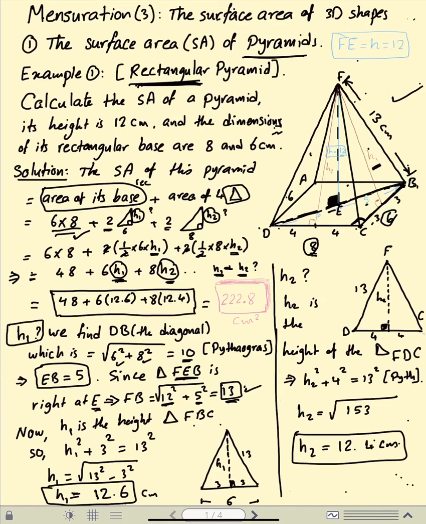After finding this 13, I sketch this outside for you to see it again. Now the last step, we now have sufficient information in the triangle whose height we are finding, which I called h1 from the beginning, which is FBC.